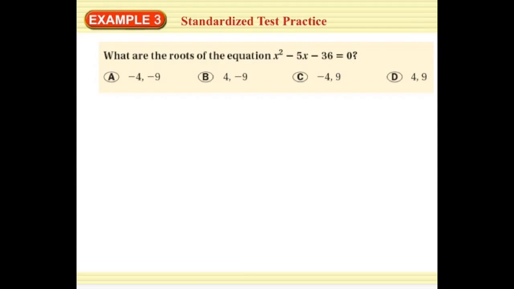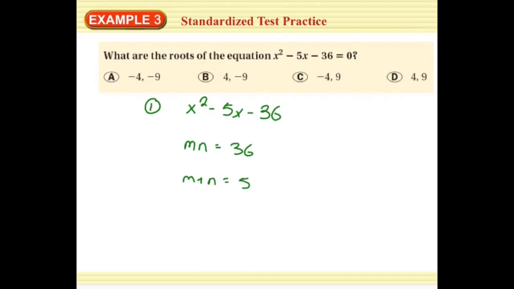So what are the roots of the equation x squared minus 5x minus 36? First we want to factor. So x squared minus 5x minus 36. Again, I need an m times n that equals 36, and I need an m plus n that equals 5.